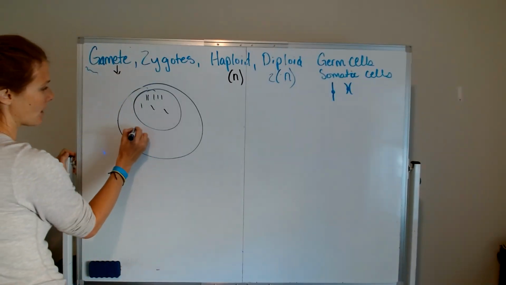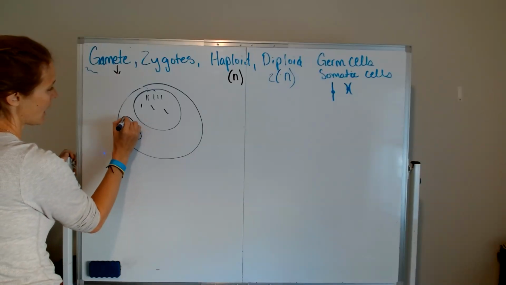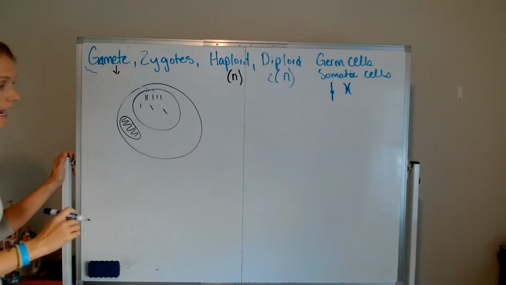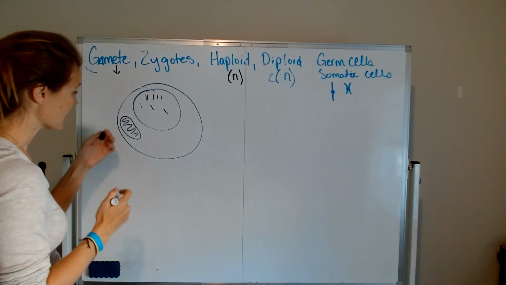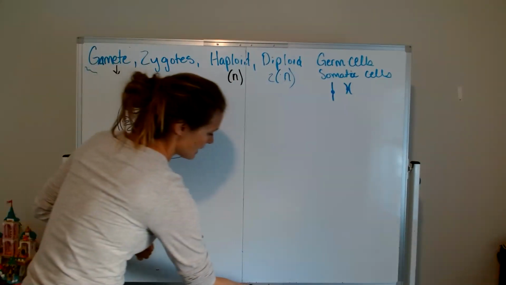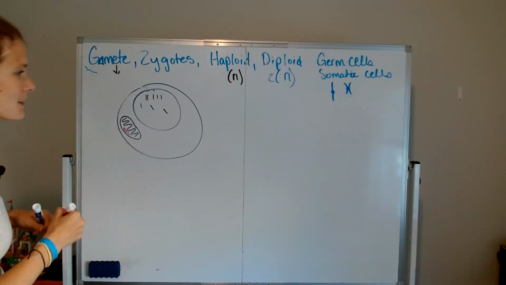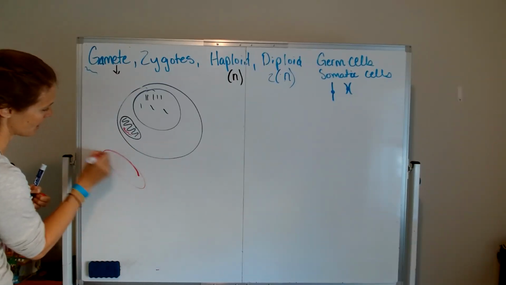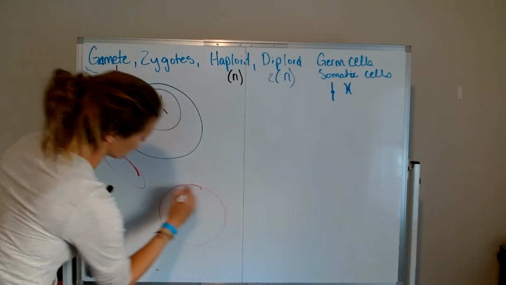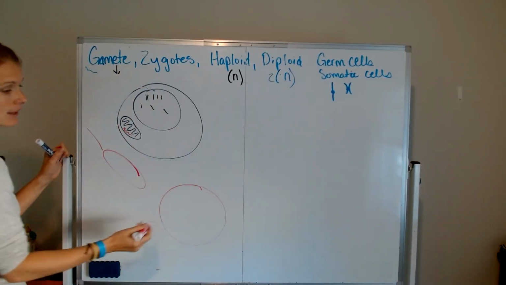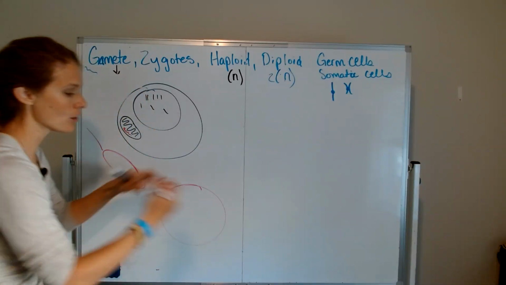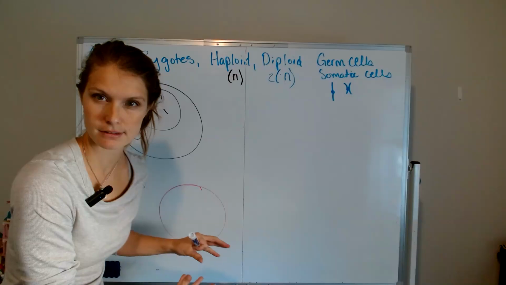But we have organelles that have their own genetic information in them. And that would be the mitochondria. Now remembering, I just erased that, and let's just draw it again. I'm going to do it in the same color. So remembering that this oocyte has all the cytoplasm, all the organelles.